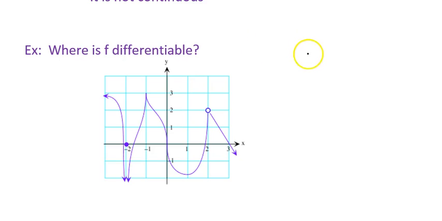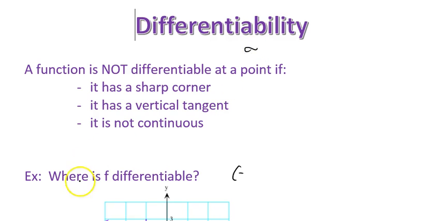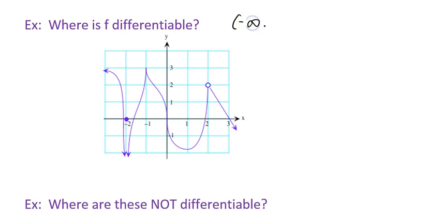So that would be in the intervals between those places. So it's okay from -infinity to -2, but not including -2, so round bracket. And then from -2 to -1, it's good.